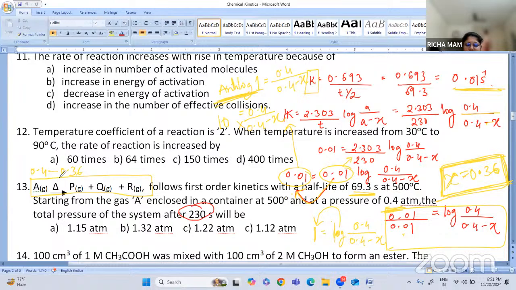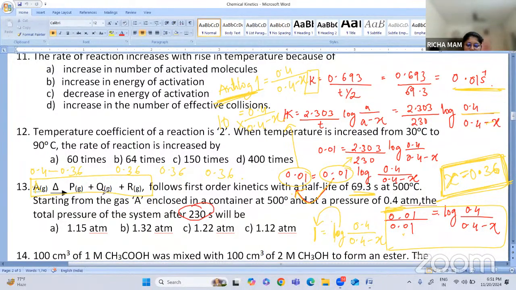At P, Q, and R, after a time, we have 0.36, 0.36, and 0.36. So first the pressure applied at A was 0.4. After it is heated, it gives the products P, Q, and R, so you are getting 0.36, 0.36, and 0.36.